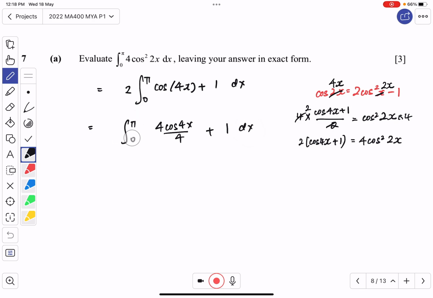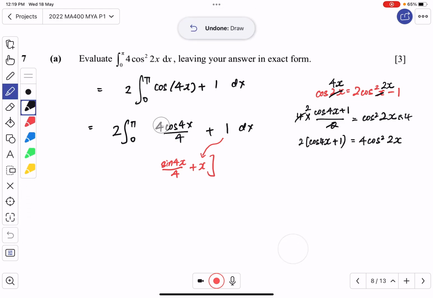So after I integrate this, this is the same as sine 4x over 4 plus x. Integrating 1 gives me x, and integrating 4 cos 4x gives me sine 4x.